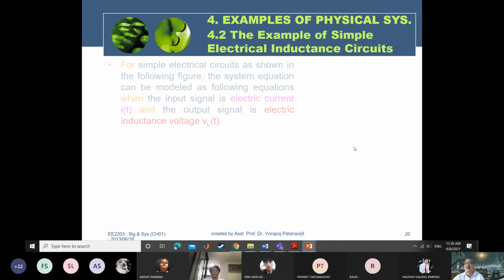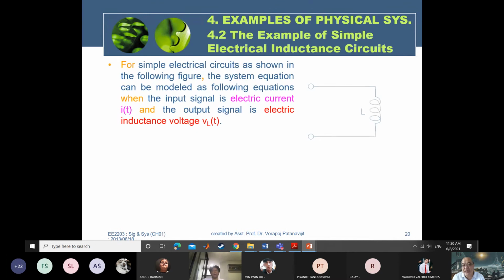The next one is an example of a simple inductor circuit. For the simple circuit shown in the following figure, the system equation can be modeled as the following equation when the input signal is the current and the output is the inductor's voltage.